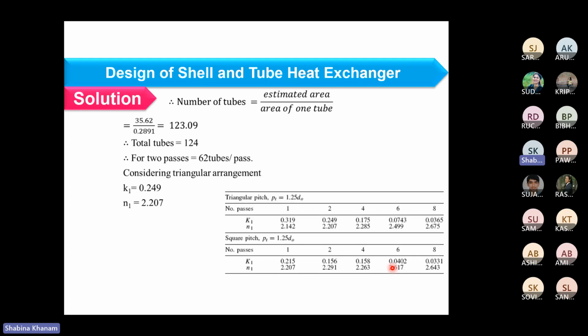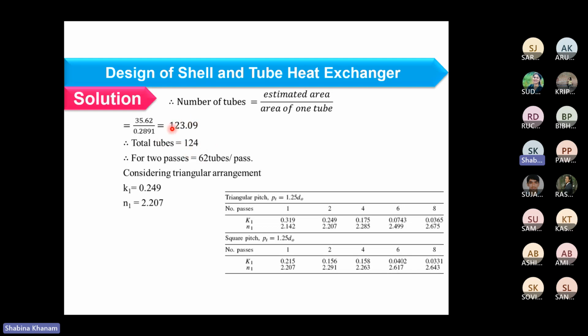Now once you have the area of one tube, you can find out the total number of tubes as 123.09. In this case you should keep in mind that the number of tubes should always be even. It will never be odd, because we are considering at least two passes in tubes. So it should be completely divisible. 123.09 is coming, so we need to consider 124.